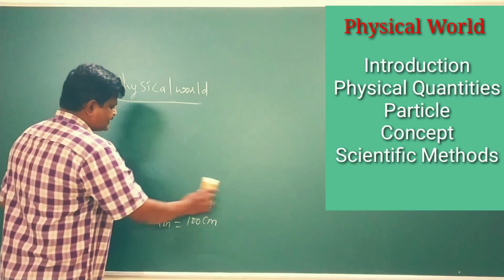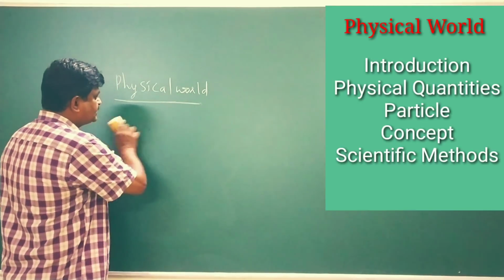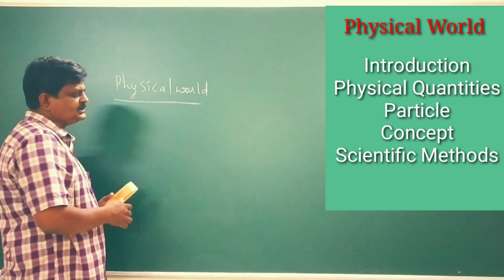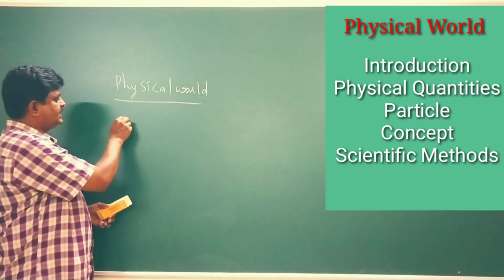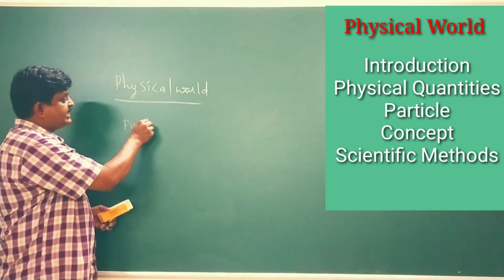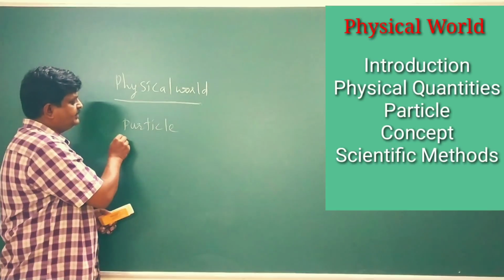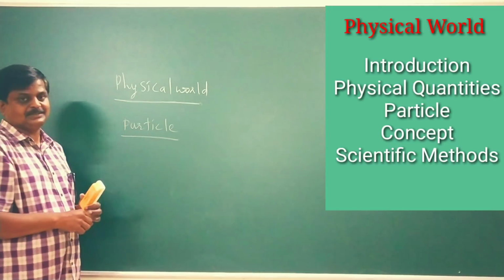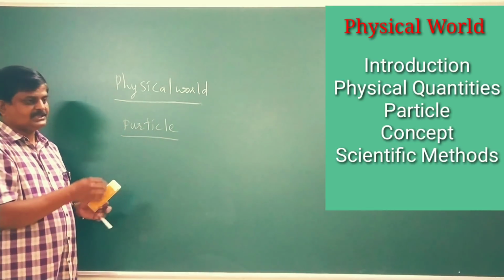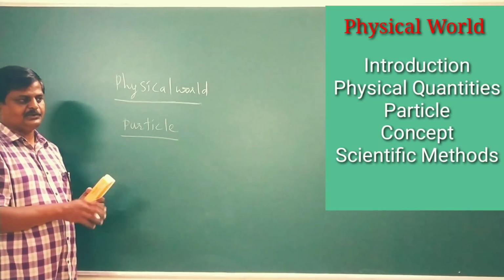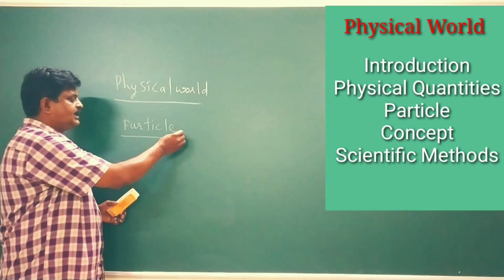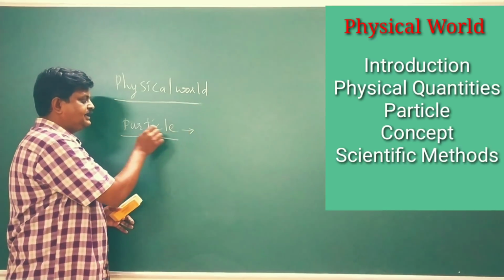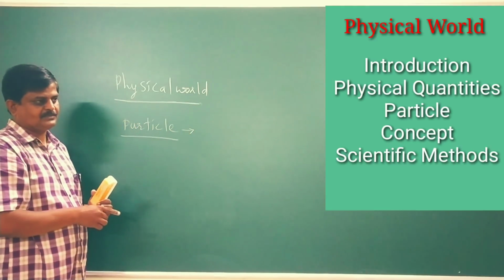See, in physics, we have many terminologies. Among those terminologies, we come across a term called particle. Now, when we say an object is a particle, there are some simple guidelines for considering an object as a particle.